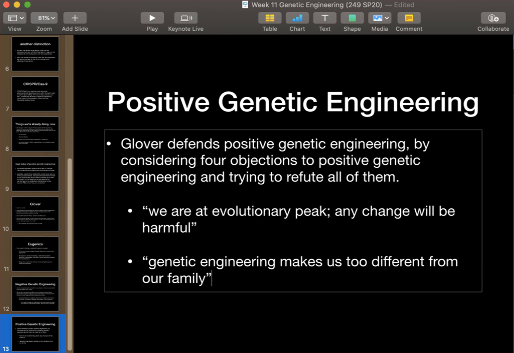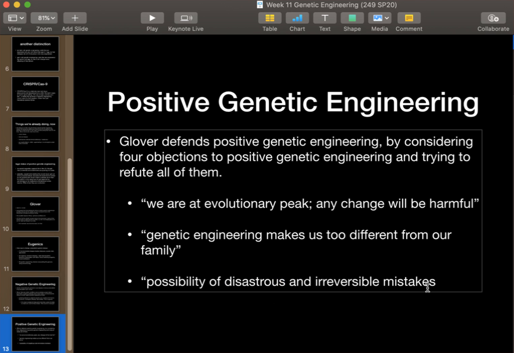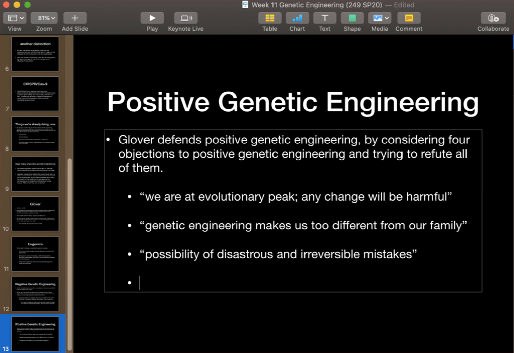It would make these weird new generation of kids who are way too smart, way too strong, way too whatever, okay? Another objection is there's always the possibility of disastrous and irreversible mistakes. So like we just don't know what we're doing, okay? And then objection number four is it's wrong to play God. Genetic engineering is not the territory we should be in.